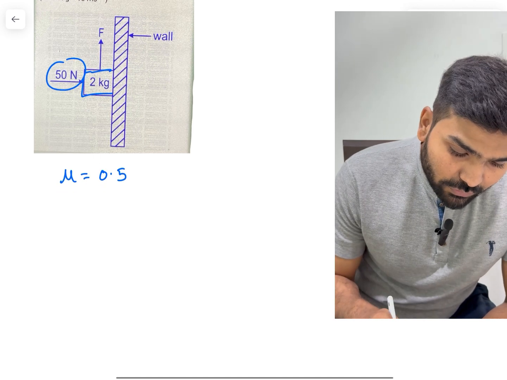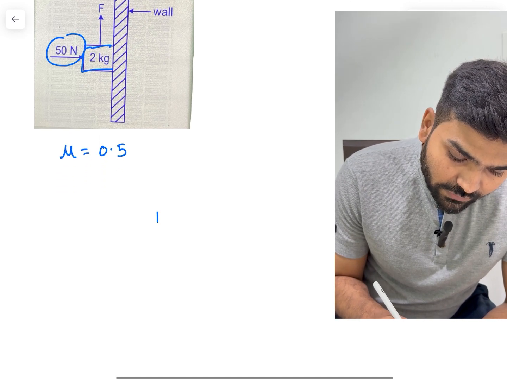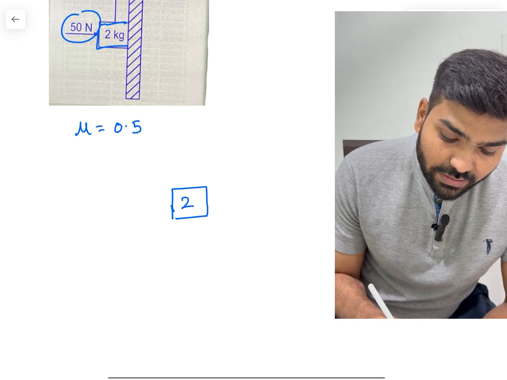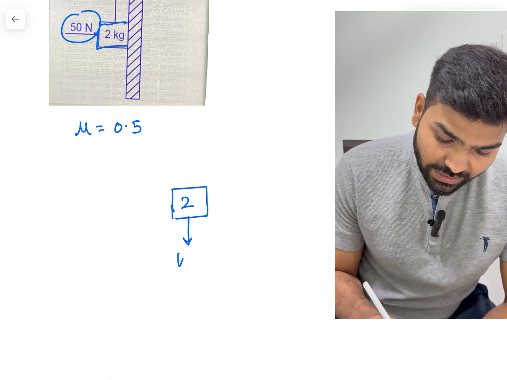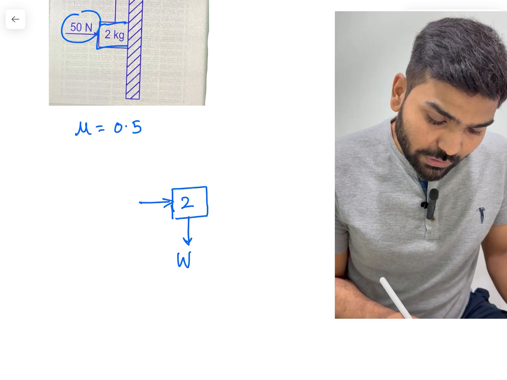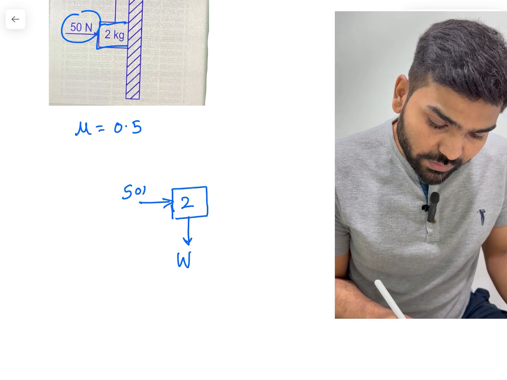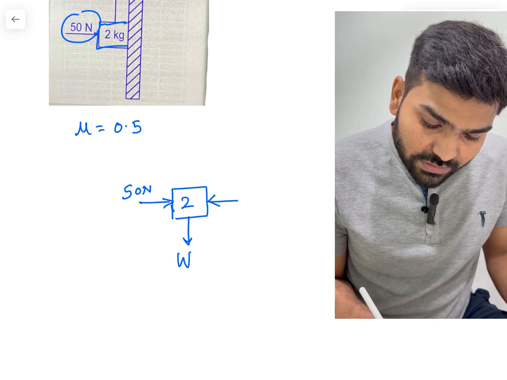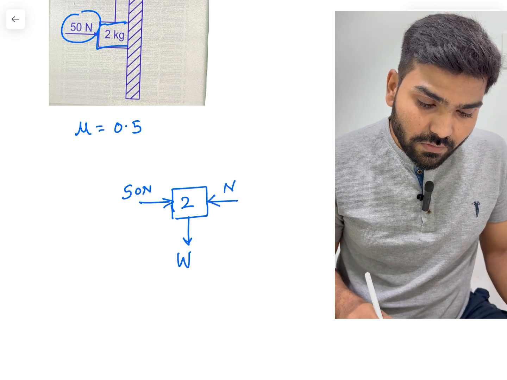To find this, we first have to draw the free body diagram. Let us consider this 2 kg block over here. There is the weight acting in the downward direction. There is a force applied over here, which is given as 50 Newton, and there will be a force acting in this direction, which is the normal reaction given by the wall.